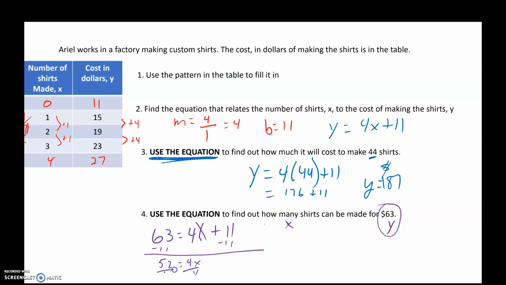When I divide by 4, that gives me x equals 13. So you can make 13 shirts for $63. The key here is understanding how it's phrased and what you're given. We're given the dollar amount, or the y, and that helps us find the x. This is that whole input-output thing.